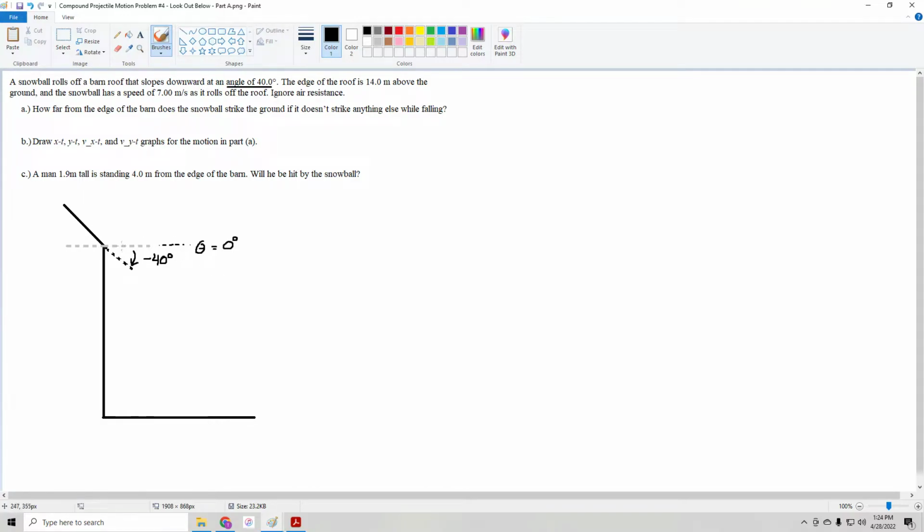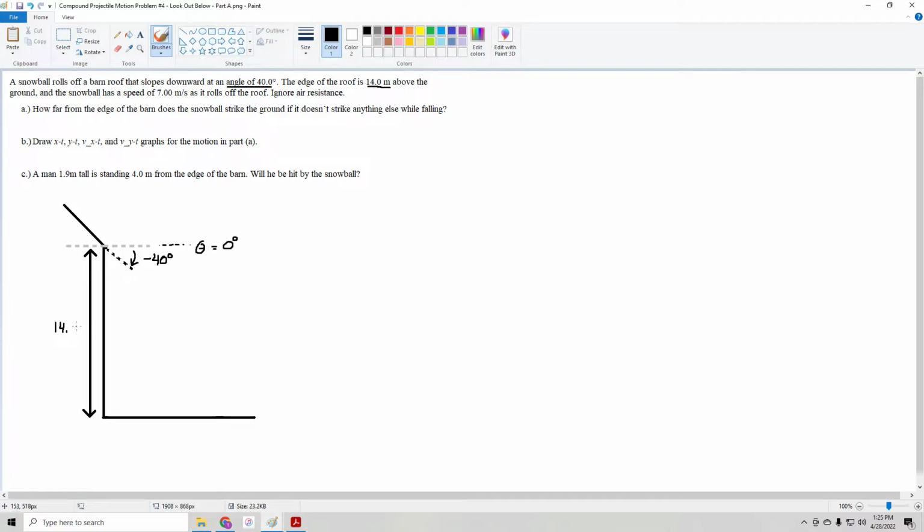So it's sloping down at 40 degrees, and it kind of ends roughly at the same spot where the side of the barn is. The edge of the roof, we're told, is 14 meters above the ground. So this distance here, I'll draw with an arrow, this is going to be equal to 14.0 meters.